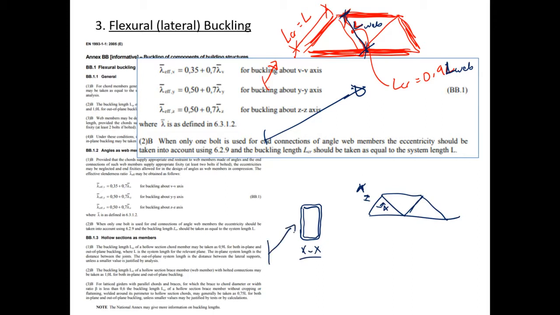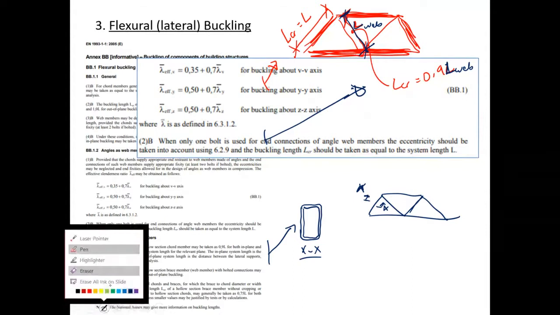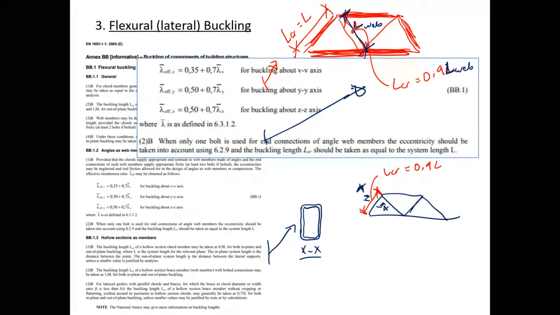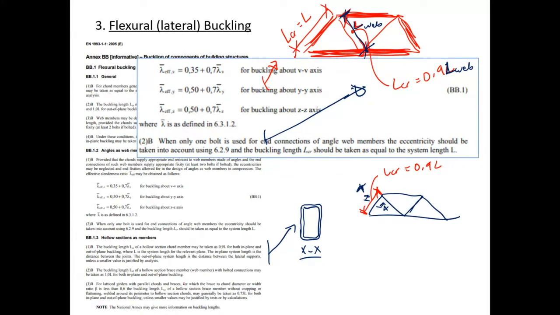So if I have a hollow member there, what it tells me is that I can take the buckling length, so L critical equals 0.9 times the length. Okay, so that's the overall length. For a chord member it is 0.9, and for a web member it can be taken as 1. If I take a web member like this one here, it's L, and then LCR equals 1 times L of the web. Okay, so that's L of a web, L of a chord.